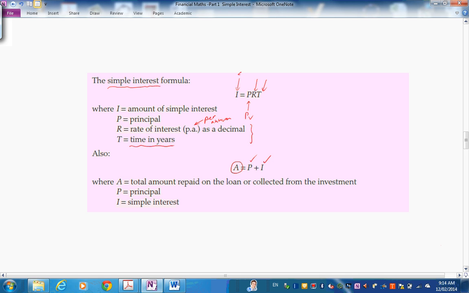So the interest is in dollars, the principal is in dollars, the rate here is a rate of interest, so it's a percentage in there, done as over 100 if you like, and then times by time. Okay, that's a simple interest calculation.